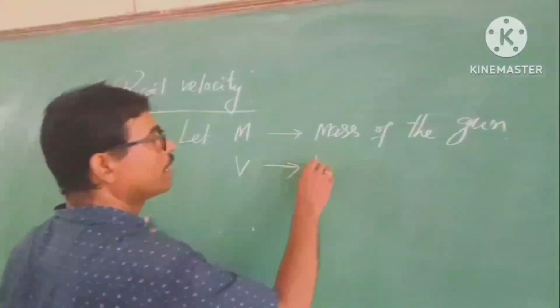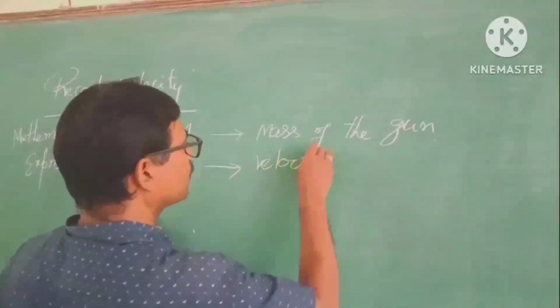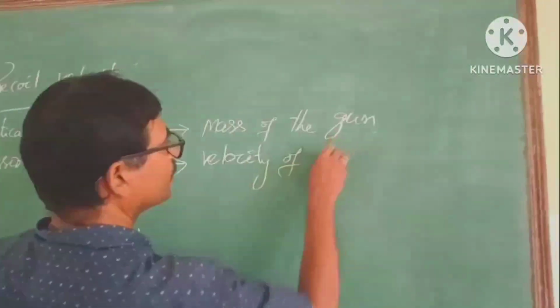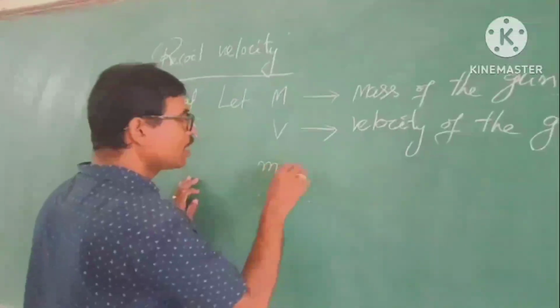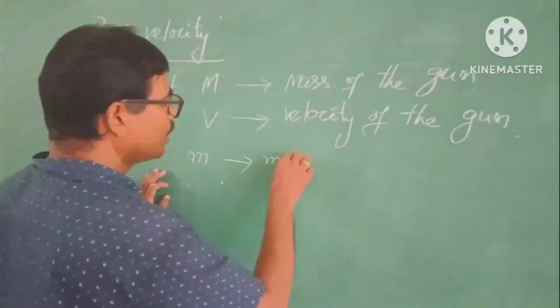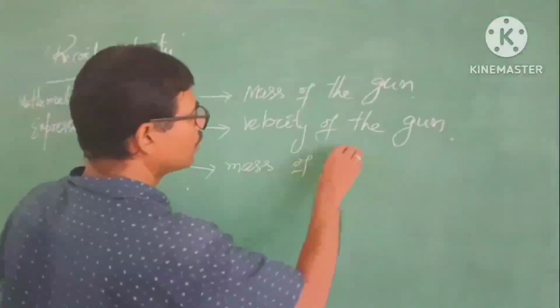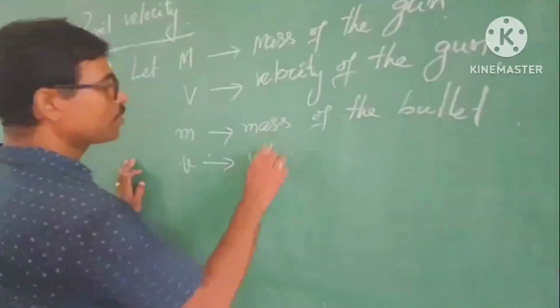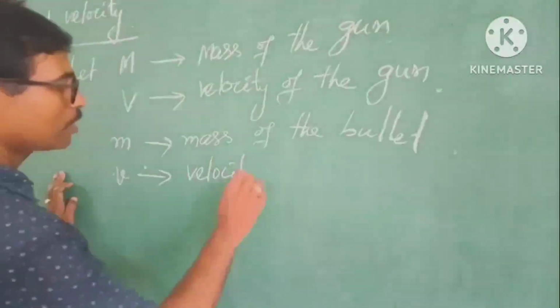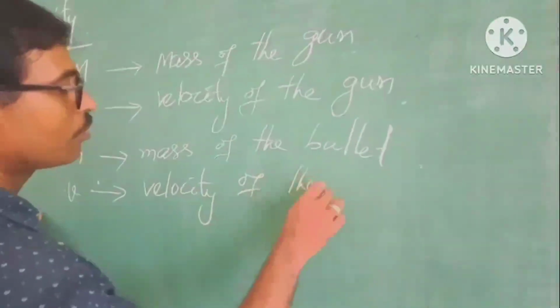Let capital M be the mass of the gun, capital V the velocity of the gun, small m the mass of the bullet, and small v the velocity of the bullet.